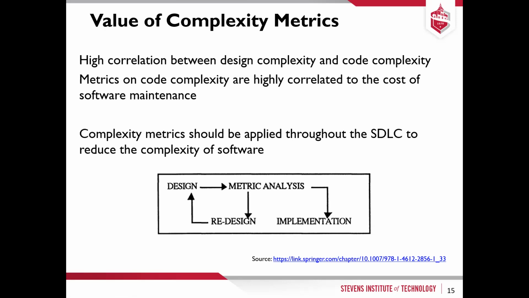So at the beginning, when I do the design complexity, I calculate the code complexity as well. But as time passes, my design becomes more complex, or maybe less complex because I learned better. So I need to go back and recalculate the code complexity metrics, and I should improve that over time during the development.